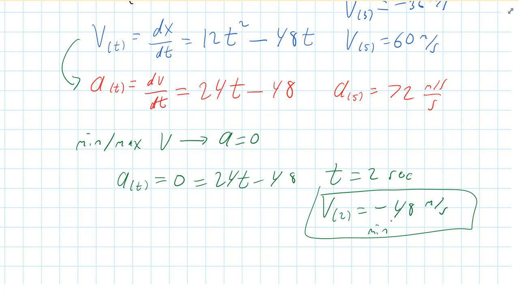There are other ways to do that in calculus. I'll let your calculus teachers talk about that, but I'll mention one. Another way is if you take the derivative of acceleration. If I took dA dt, this would be positive 24.